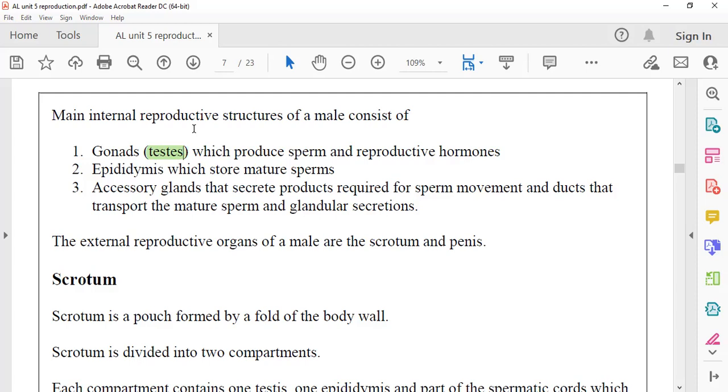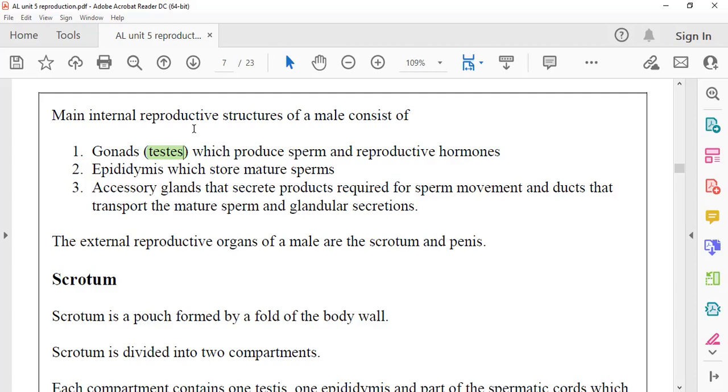What is the function of accessory glands? Secrete products required for sperm movement. What is the function of the ducts? Transport the mature sperm and glandular secretions.